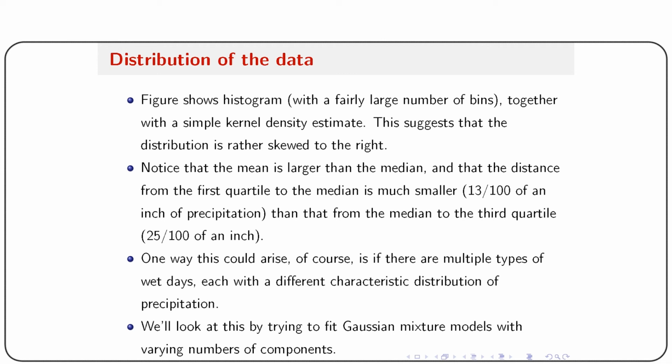That means actually it's a mixture of multiple distributions. It's not one particular distribution. That could be the reason, and we will look at this by trying to fit a Gaussian mixture model with varying numbers of components.